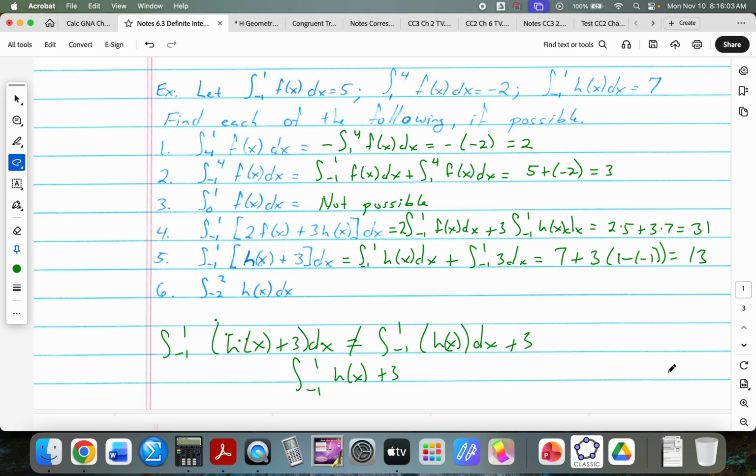It's really unclear. So be careful about that. And then the integral from -2 to 2 of h of x dx is not possible. We don't know anything about what happens outside of -1 to 1 for h of x.